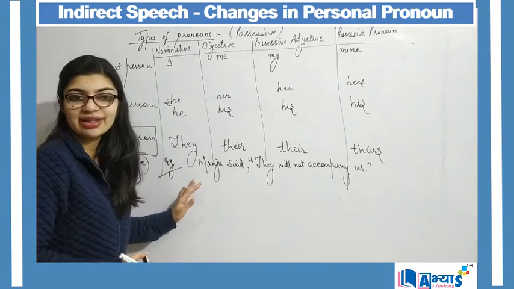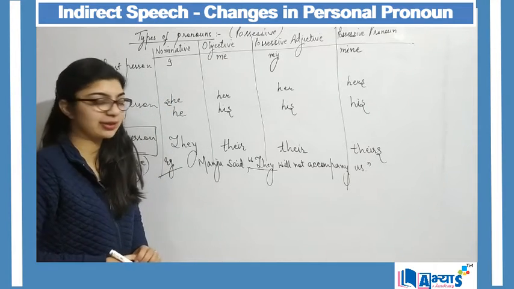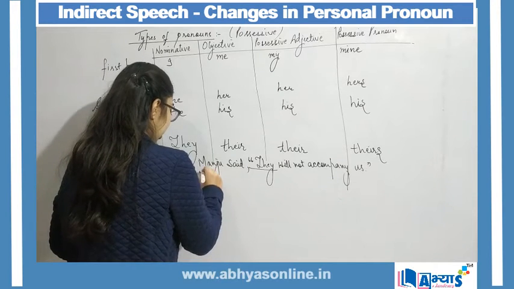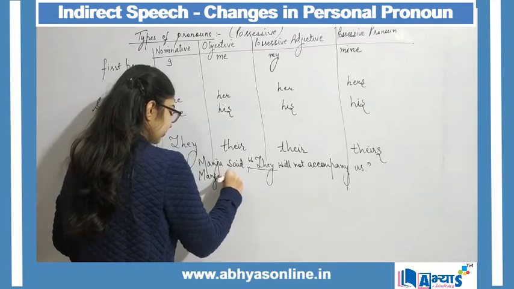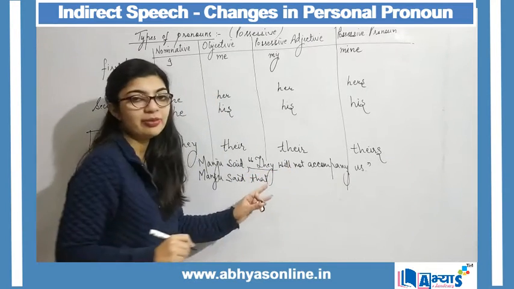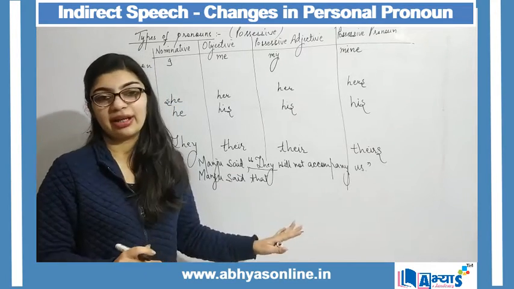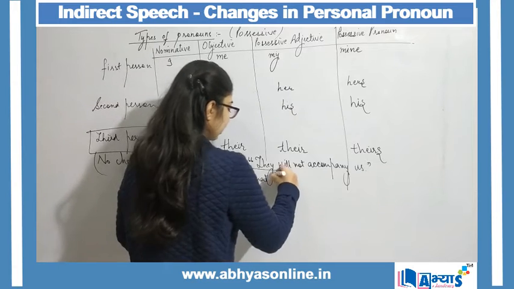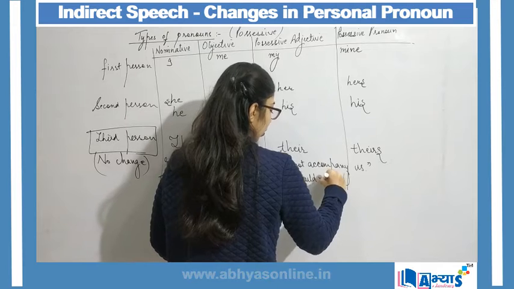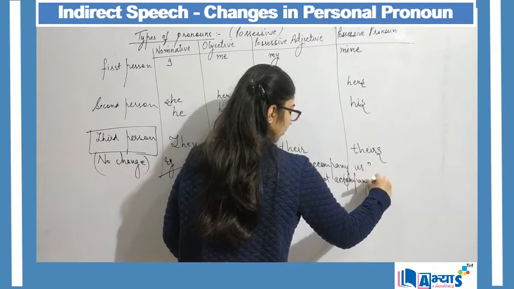Now this is my direct speech, right? And they is referred to as the third person. If I want to change this into indirect form, I will say Manju said that they would not accompany us. Now they will not change to he or their or theirs. They will remain they.